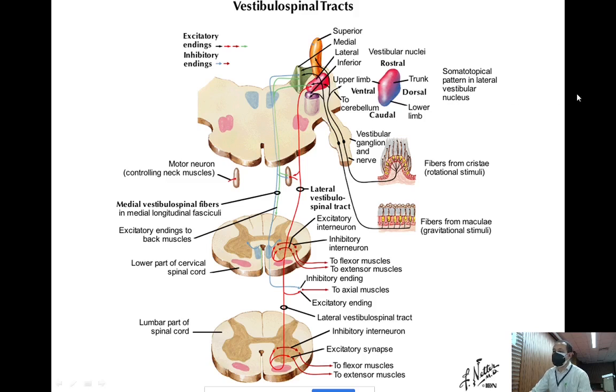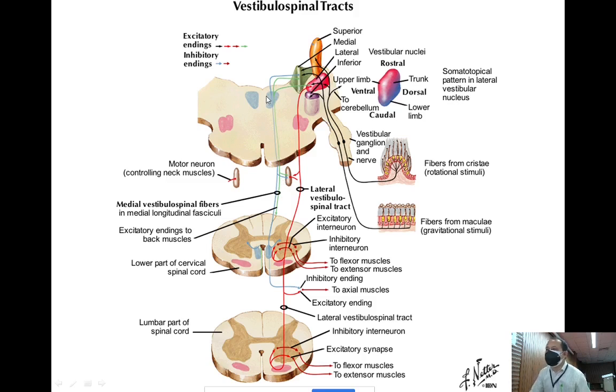Anyway, the vestibulospinal tract is divided into two. One is the lateral vestibulospinal tract, because it takes origin from the lateral vestibular nuclei, and the other is the medial vestibulospinal tract. As you can see here, the red one is the lateral vestibulospinal tract and the green line is the medial vestibulospinal tract.